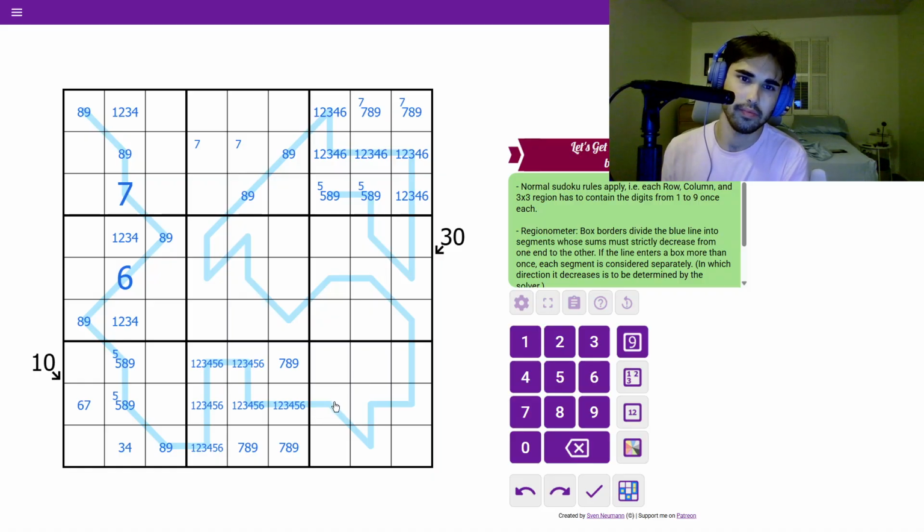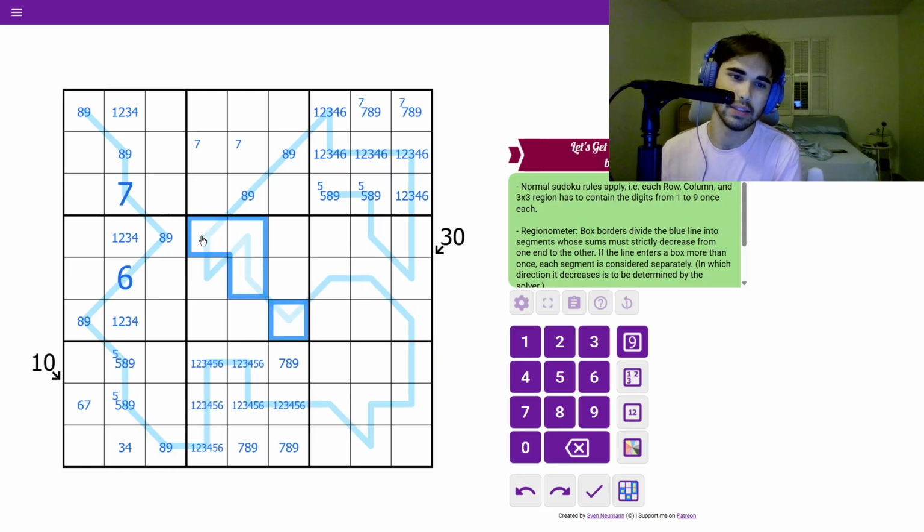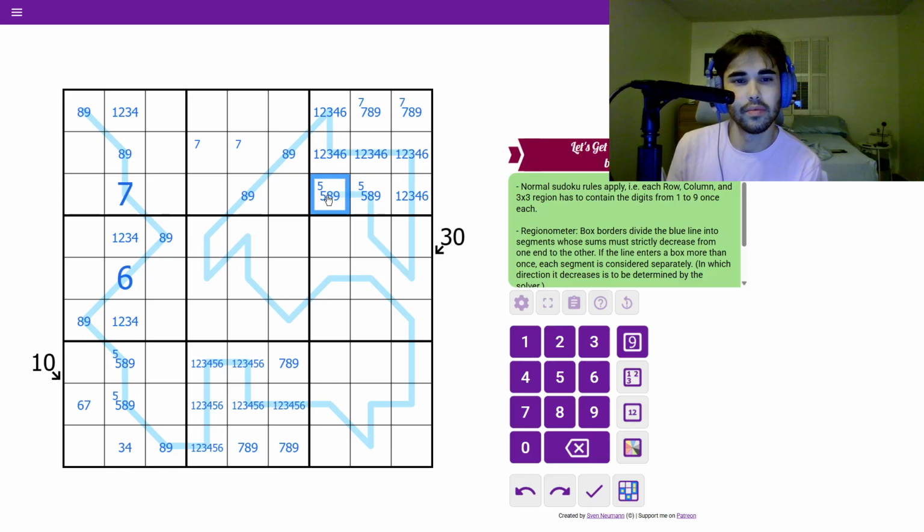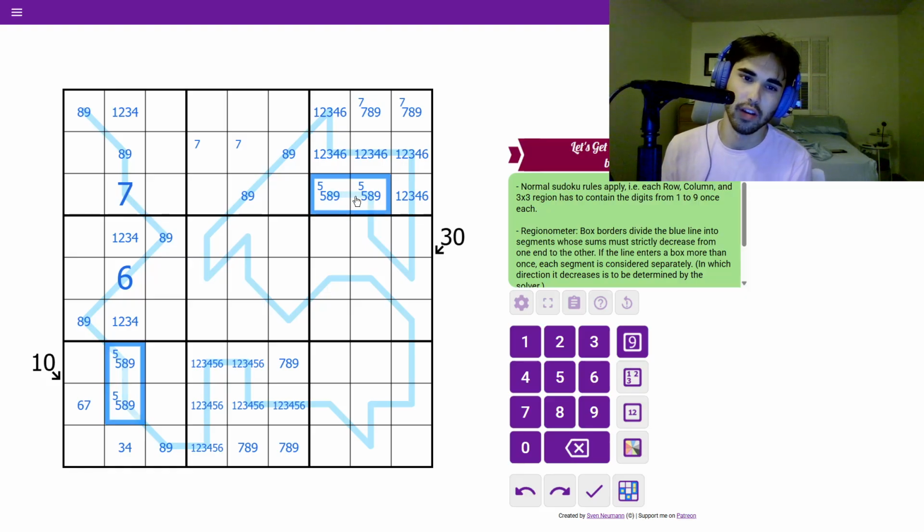Okay. 21, 20, 19, 18. 15. I just want to figure it out from here.